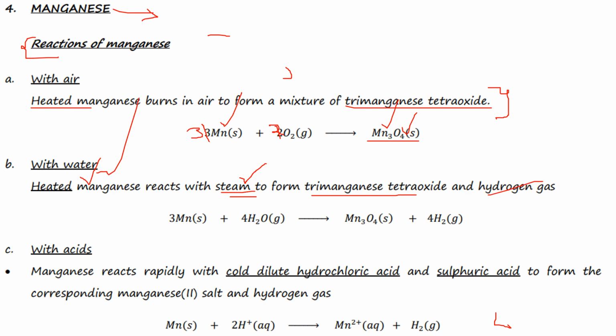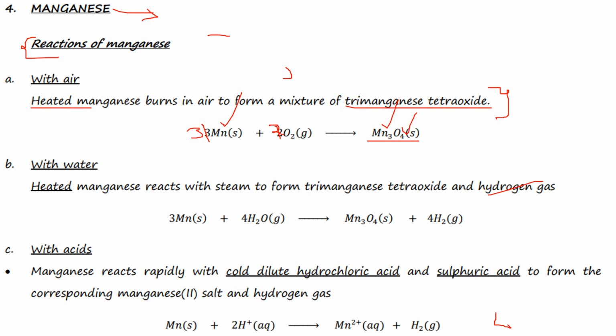And then we form an equation for that. If you look at this statement, we have our conditions for heating manganese together with water being in the form of steam. Whenever you are dealing with any reaction involving heating and you are going to involve water, we don't write water as the name water, but instead we assume that the heating is going to cause water to become steam so that it can get into a state of reacting with the other element or compound we are reacting it with.